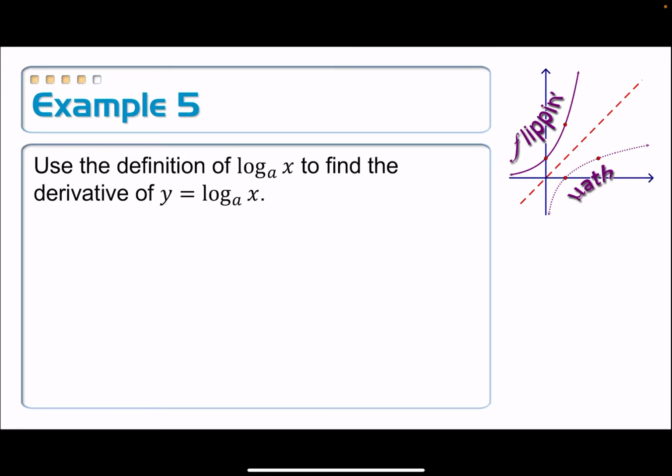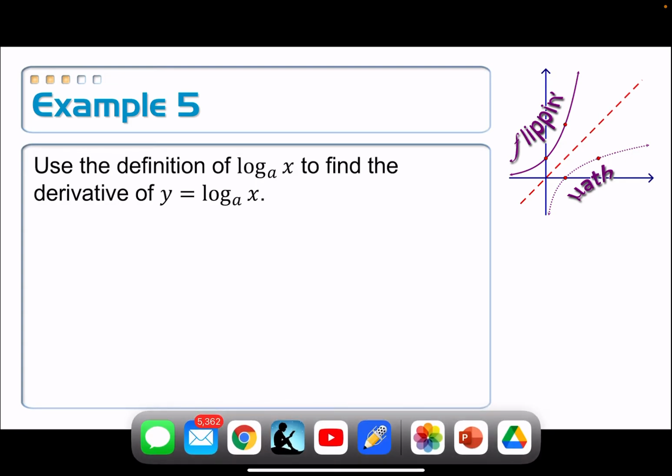We did something similar with exponentials, right? We found the derivative of e to the x, and then later when we learned the chain rule, we found the derivative of y equals a, some other base other than e, to some power. That's what we're going to do here.